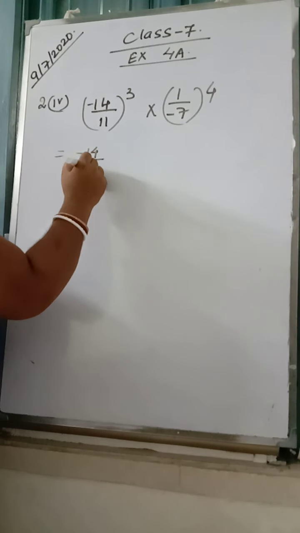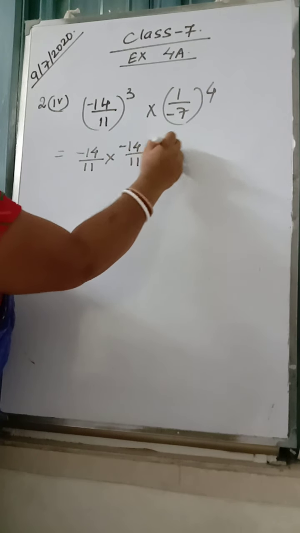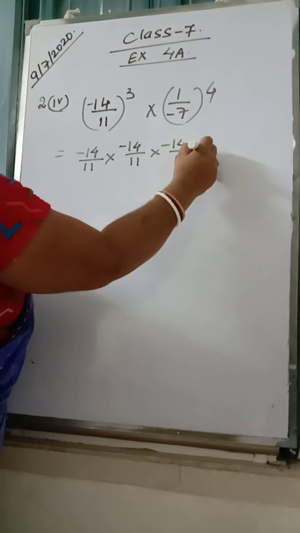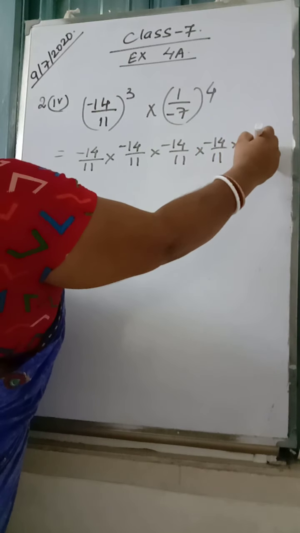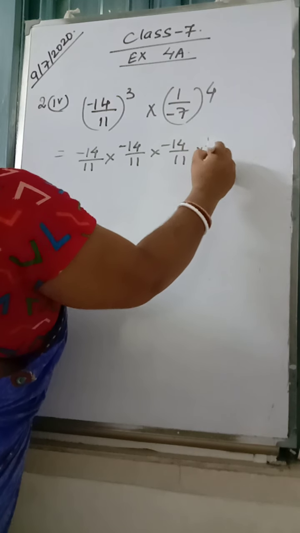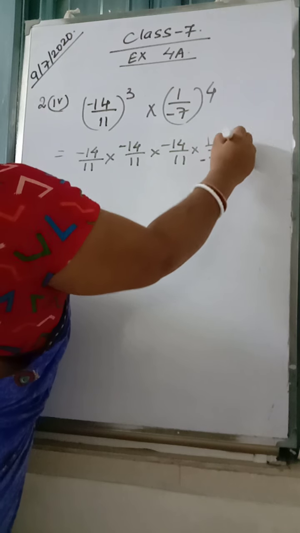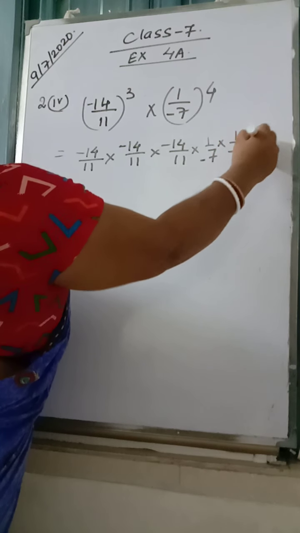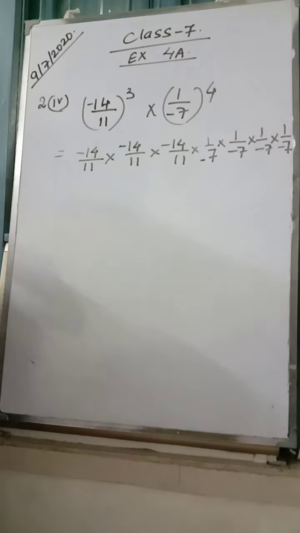So I'll be writing −14/11 three times, into 1/−7, four times.